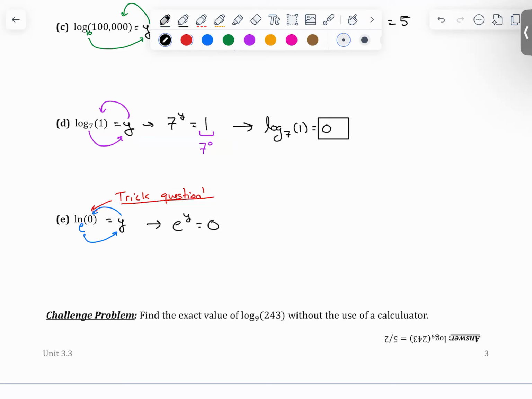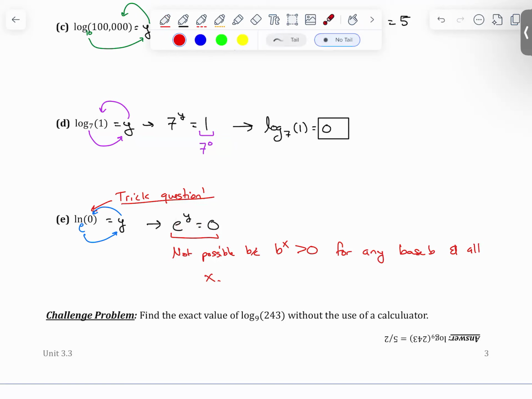However, that's not possible, because e to the y is always greater than 0. In fact, b to the x is always greater than 0 for any base b and all x. So no matter what you plug into an exponential function, it will always be strictly positive if we remember correctly. So it cannot be 0 and it cannot be negative. So this is a trick question. It's not possible. Doesn't exist.